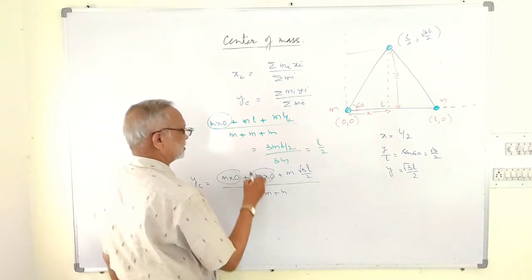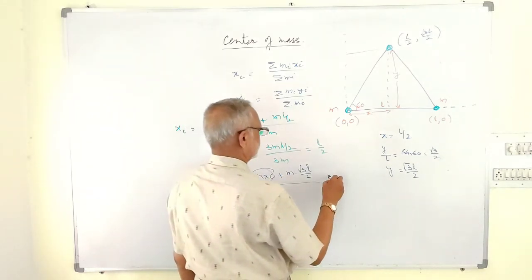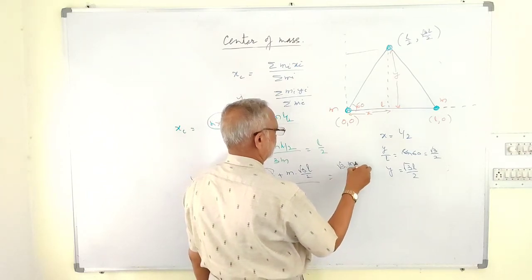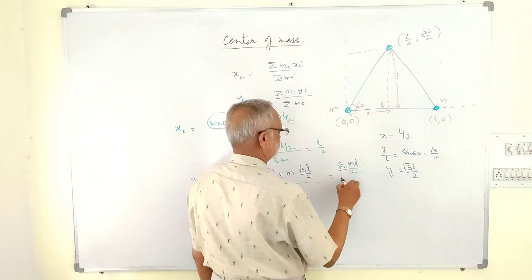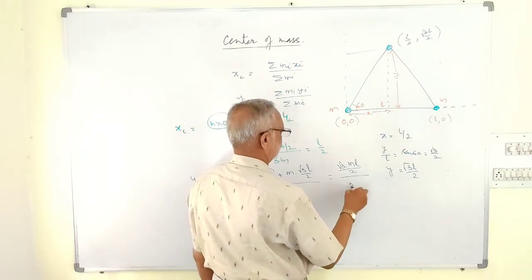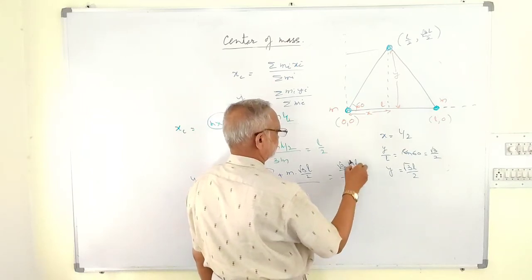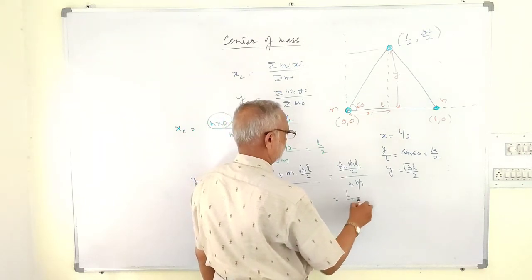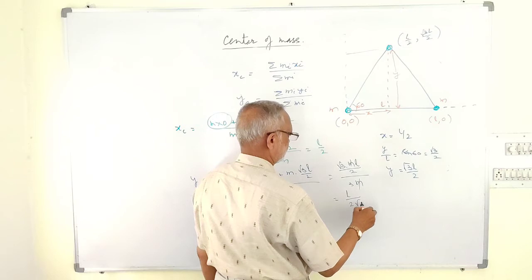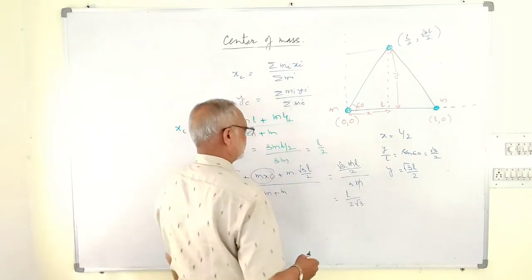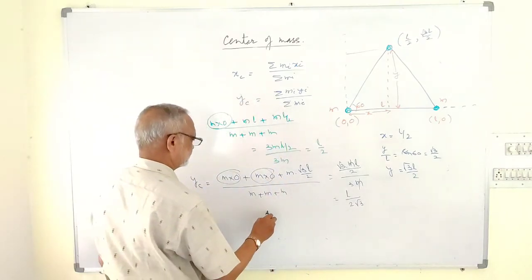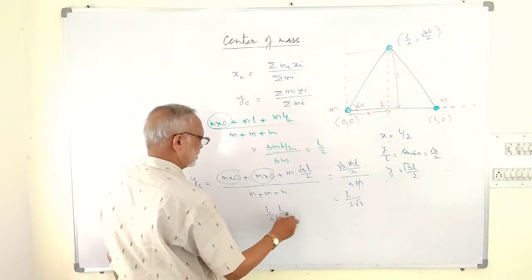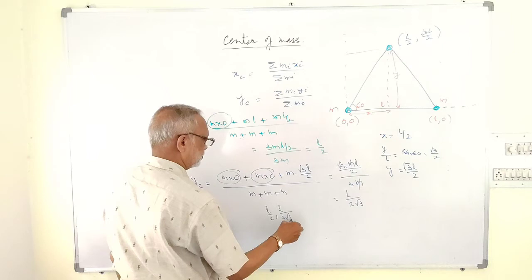This is 0, this is 0. So root 3 mL by 2, whole divided by 3m. m and m again cancel. So this will be L by 2 root 3. So the coordinates are L by 2 comma L by 2 root 3.